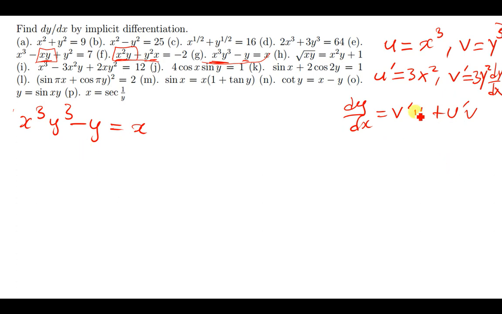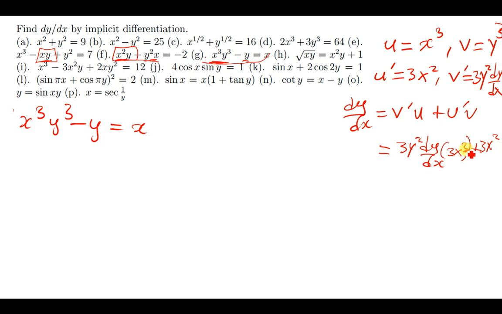So we replace these solutions in the formula there. So v prime is simply 3y squared dy dx, and then our u is simply 3x squared, and then we say plus, and then u prime is simply 3x squared, rather, u is supposed to be x cubed, not 3x squared.